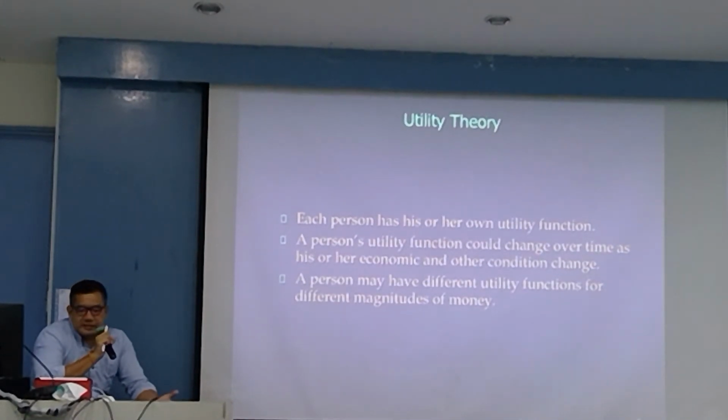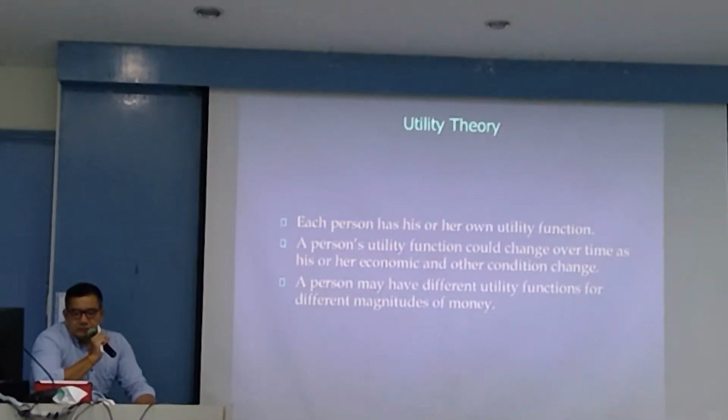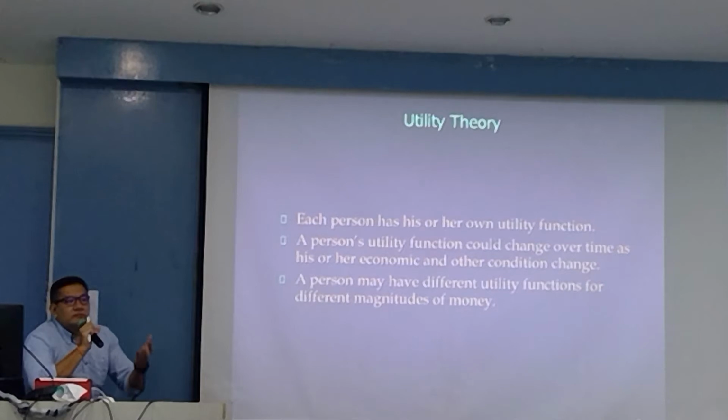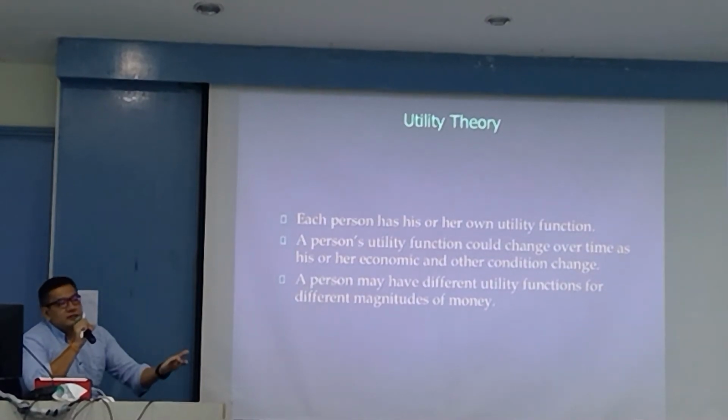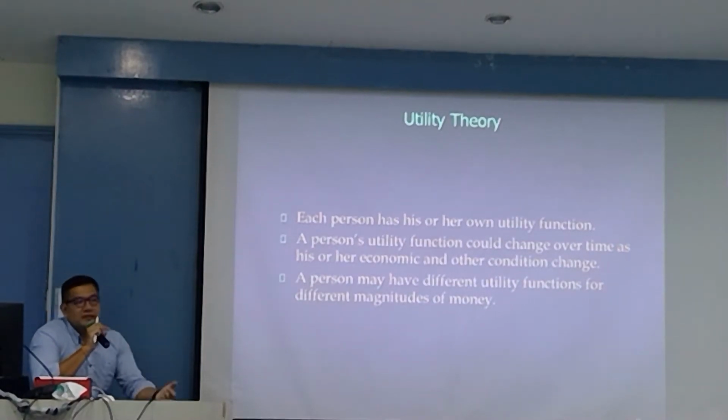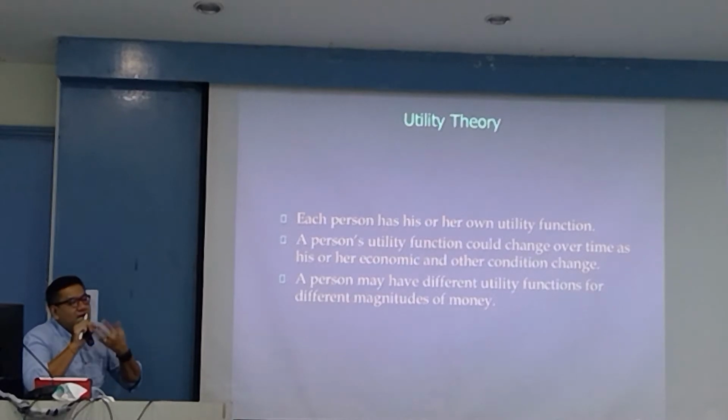So it means that each person has their own utility function. This utility function differs between each person, based on your preference and your attitude to risk, and it can also change over time. The time that you were, let's say, 20 years old, and the time that you were 40 years old, maybe you have different utility functions because you have more experience, more factors involved in your life.